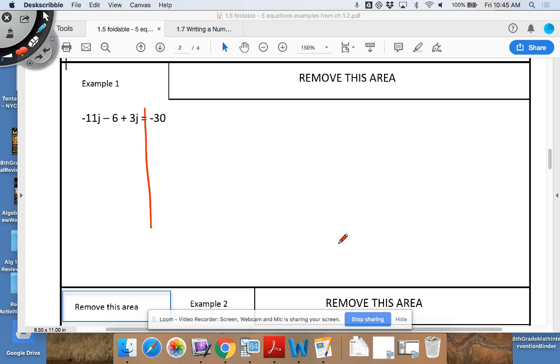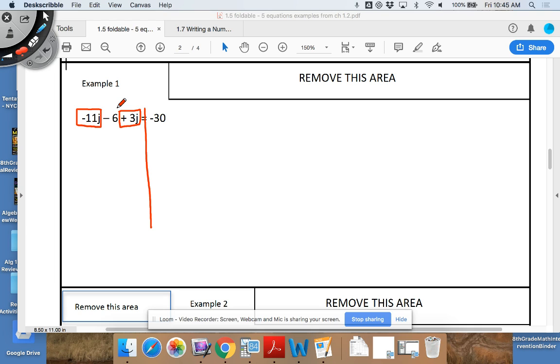Next thing I do is I box in my variables and I include the coefficients. So I would box in negative 11j. But then I notice I have another thing I have to box in, positive 3j. A lot of people say, oh, this one has two variables, which is actually not accurate.